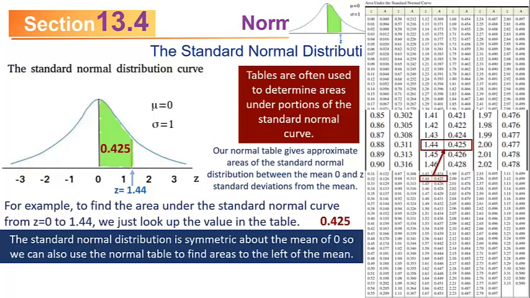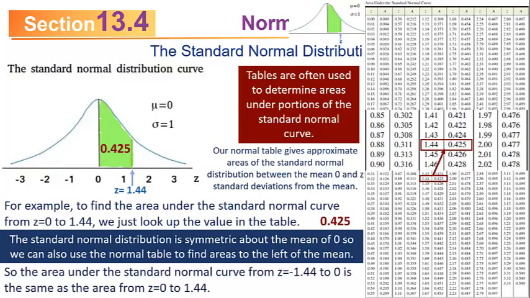The standard normal distribution is symmetric about the mean of 0, so we can also use that table to find areas to the left of the mean, even though the table doesn't give any negative z values, and the way you do that is by noting the symmetry. For example, if I wanted to find the area under the normal curve from z equals minus 1.44 to 0, that z value would be negative 1.44, and there are no negatives in the table.